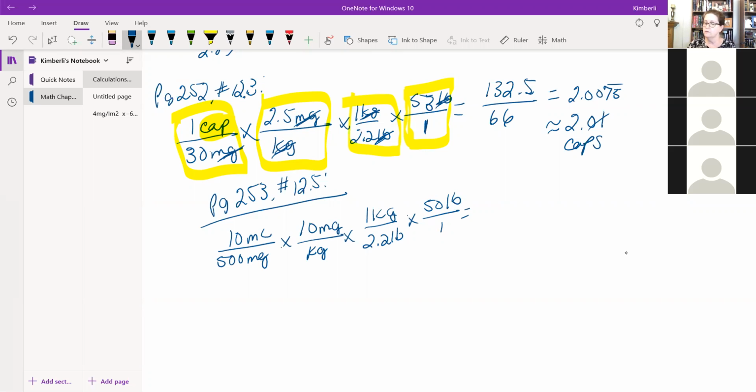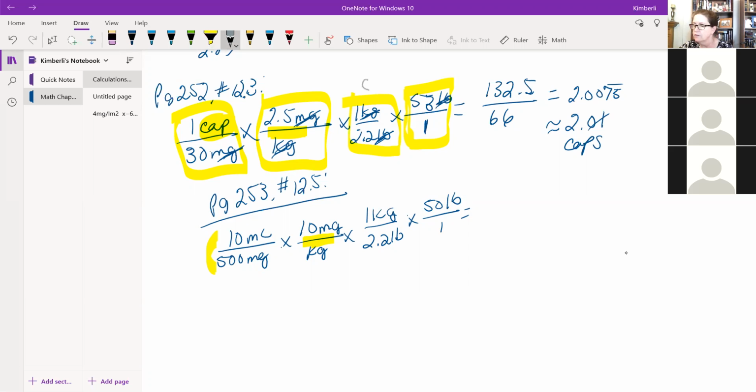Okay, so do you see how this is very similar to the problem above? You have the strength: 1 capsule is 30 milligrams, or down here, the strength is 500 milligrams per 10 mLs. Up here, you have 2.5 milligrams per kilogram. Here, my dose based on weight is 10 milligrams per kilogram.